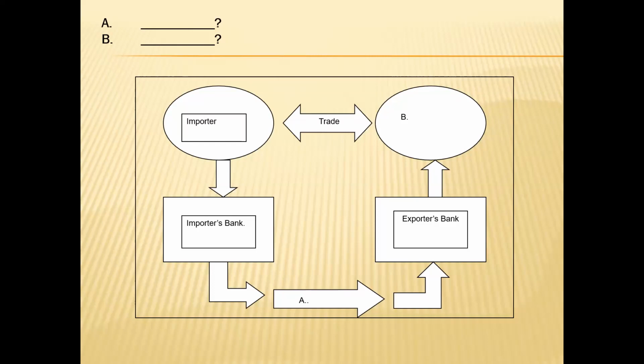And then A is letter of credit or funds being funneled to them. Okay. Turn to page 97.